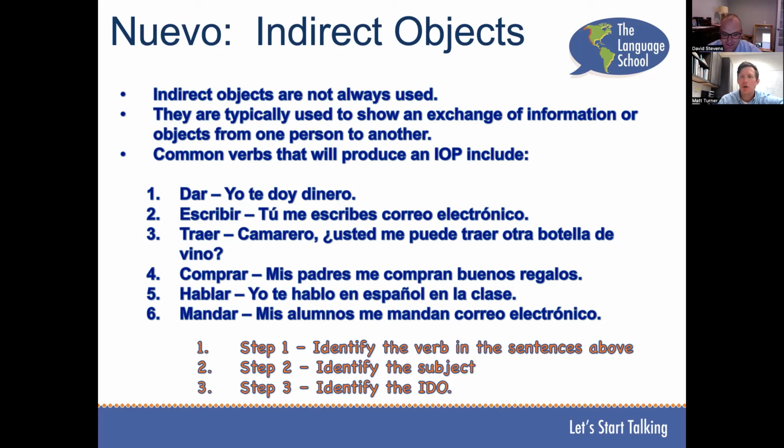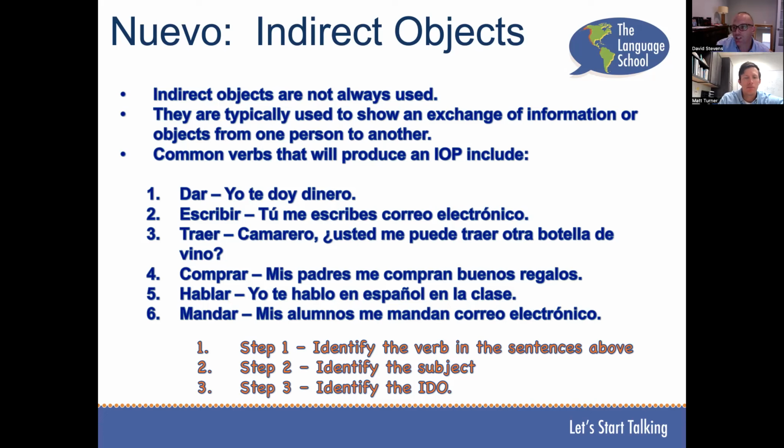Yeah, the subject will be yo. Good. So in this situation, remember the subject does the action, so it's yo. Now, who is the indirect object? Te. Good. You. All right. Try number 2. Verb. The verb for number 2 is escribes. Subject. Subject is tú. Indirect object. Me. Right.